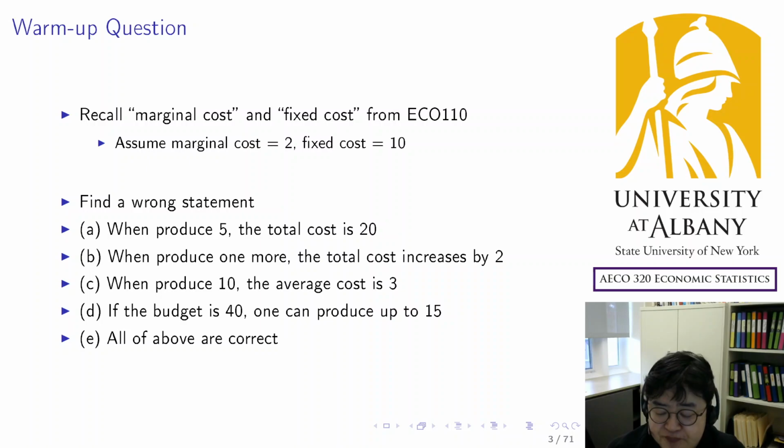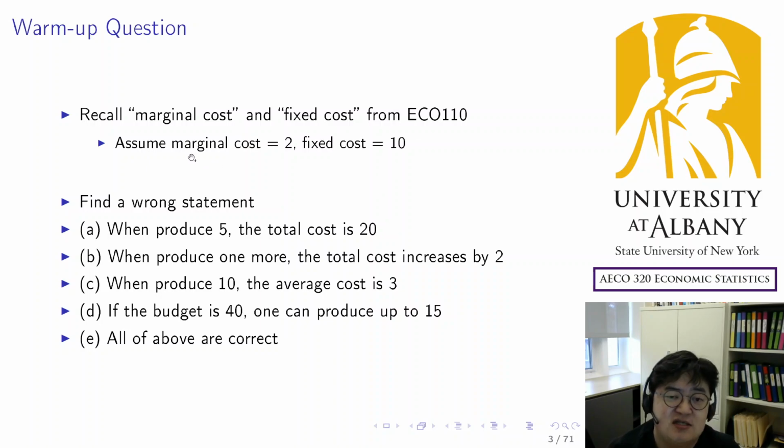So now we are going to assume that there is a firm, and the firm has a marginal cost of $2, say, and a fixed cost of $10, right? So simply put it this way: when you open a restaurant, you need, say, $10, and then for each dish to make, you need $2 more, okay?